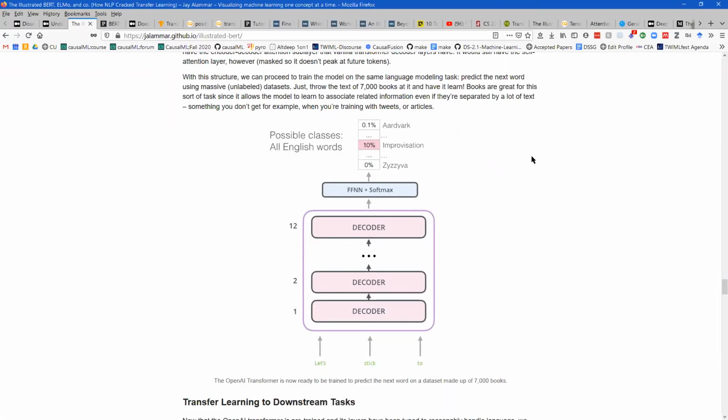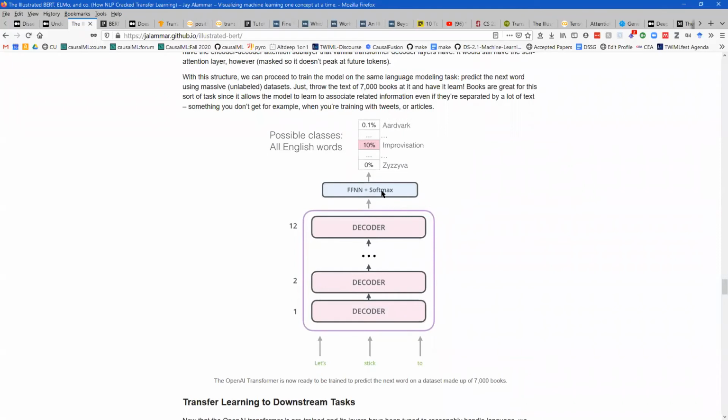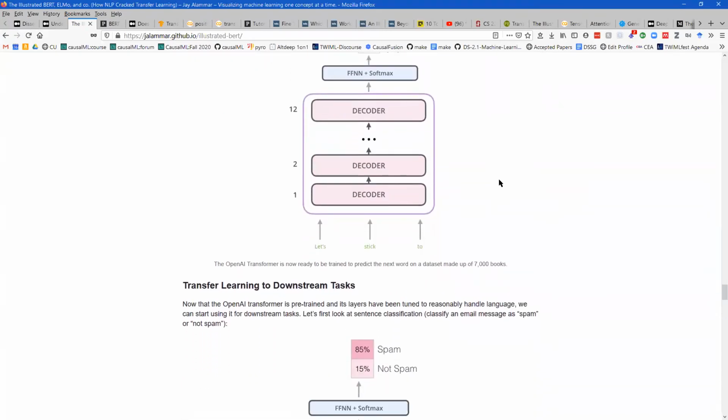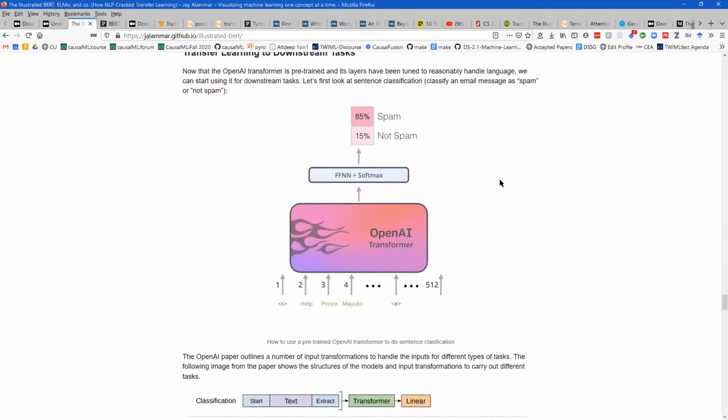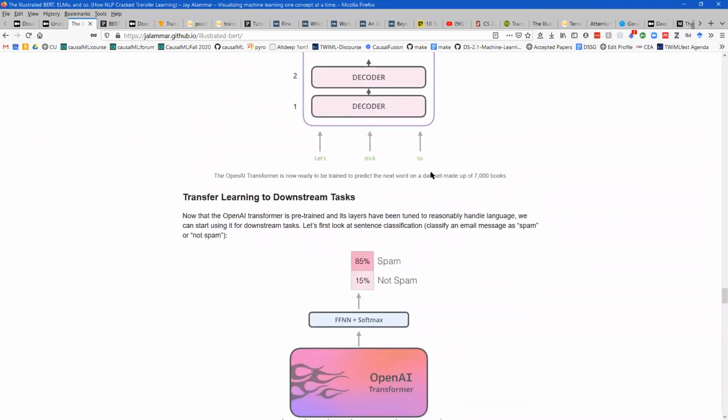So we've seen this architecture before: putting a softmax and allowing it to score every word in the English language, and taking the word that gets the highest score, and that's the output that it predicts. That's the pre-training step.